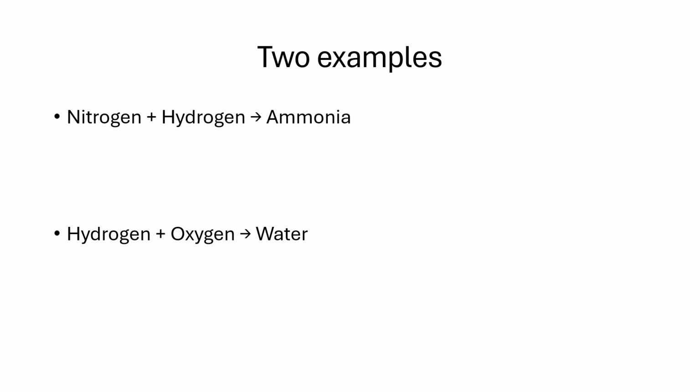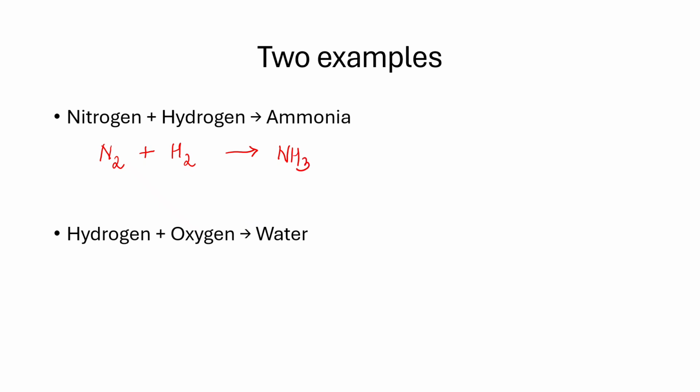So let's attempt to put our understanding into application in these two instances. For example, we have the first word equation: nitrogen plus hydrogen gives ammonia. We know from our previous slide that nitrogen needs to be depicted as N2, and the same goes for hydrogen, which needs to be depicted as H2, and these two combine to form ammonia, which we know is the trivial name for NH3.